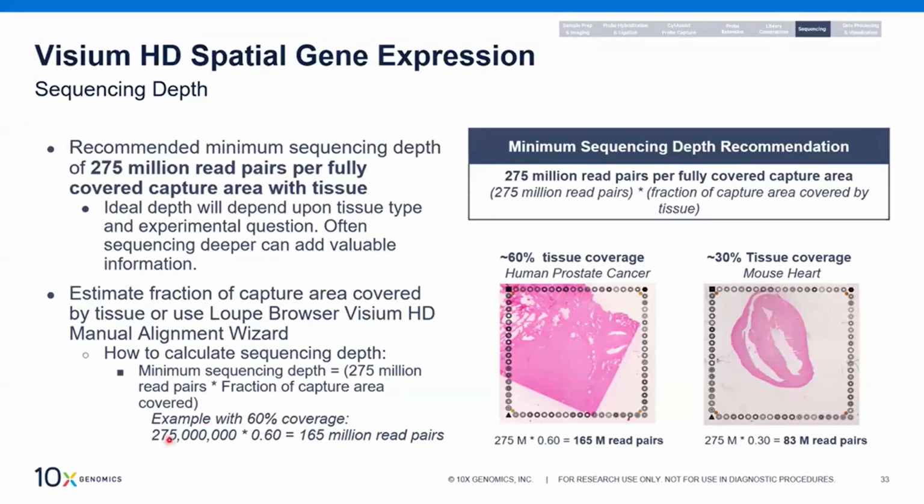So you take 275 million times 60%, and then you know what your recommended minimum read depth would be. So just keep in mind that this sequencing depth recommendation might be a little bit low for your tissue. So make sure that you think about this carefully and maybe look into literature if you need deeper sequencing there.